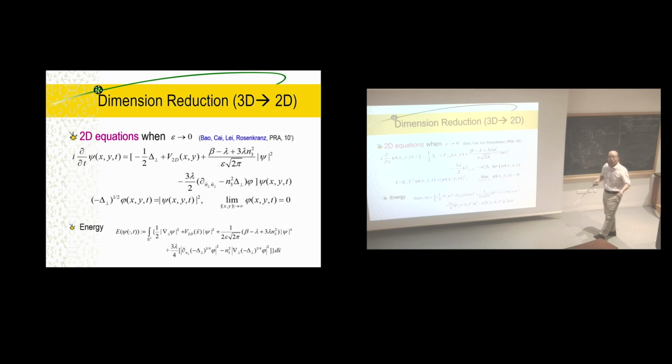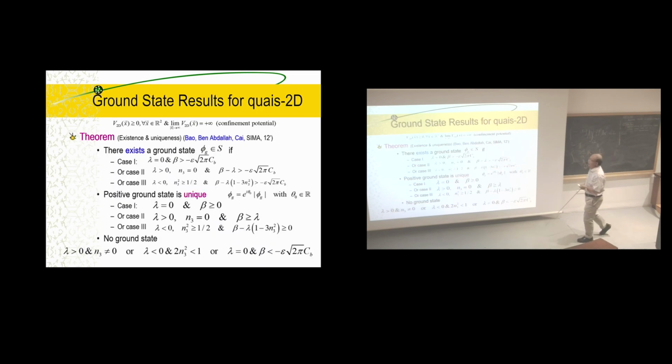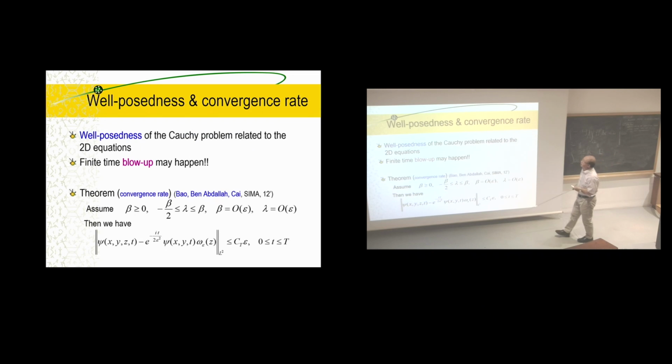It's like existence of a ground state, whatever. We have some theory to show the well-posedness of the 2D reduced model, and also that a phantom may happen. And we can show that when lambda beta is small, of order epsilon, which is 1 over square root of gamma z, this is my solution to the 3D problem. This is my solution of the reduced model.